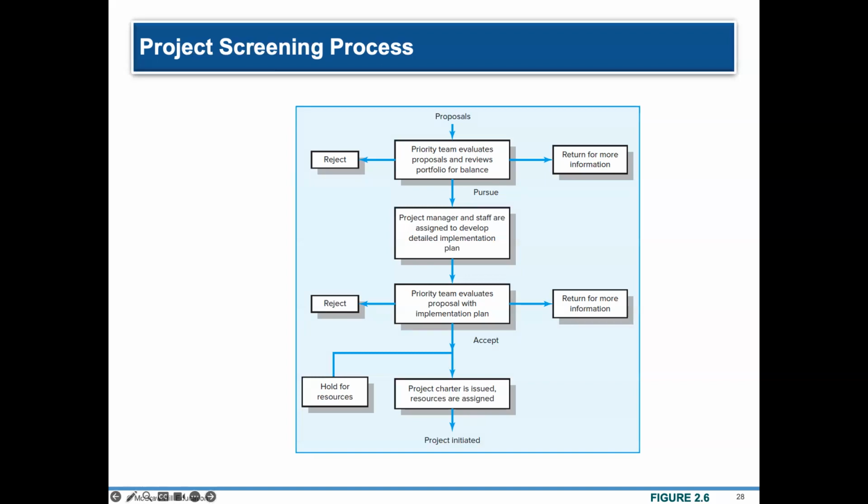From this, it's either reject, or you accept, or you return to the project manager and his staff for more information, and then it is required to be resubmitted later.